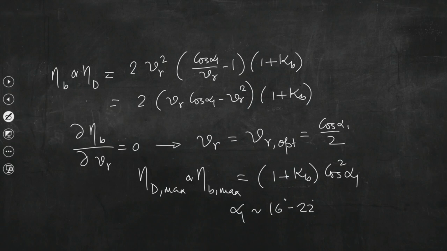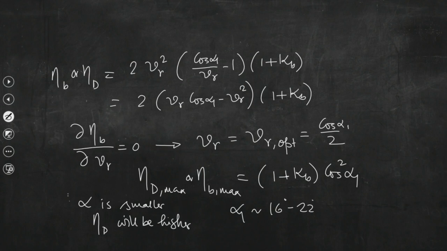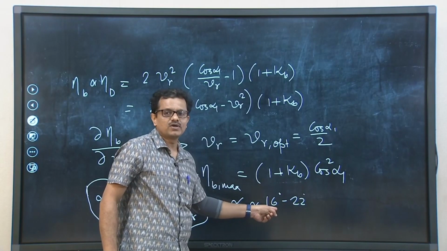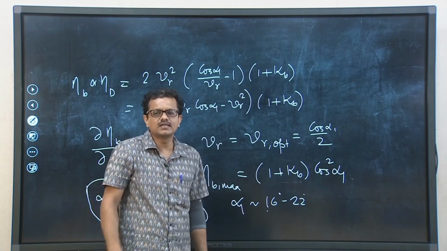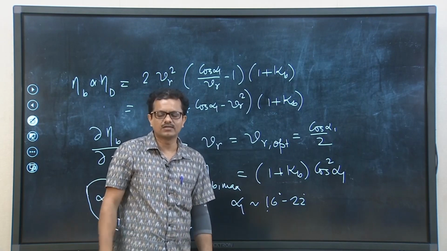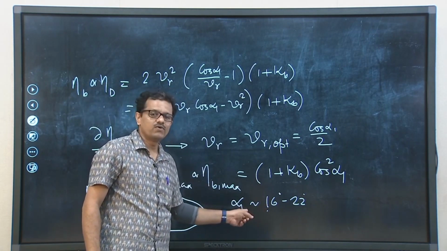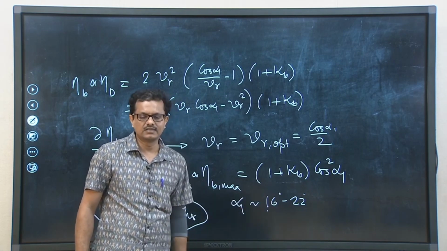So if alpha is smaller, eta b will be higher. This is what we can see from this exercise, but we cannot go beyond this value, because otherwise, instead of having maximum efficiency, there will be a loss of energy even at the inlet of the blades, and that is why the value of flow angle is maintained within this range.